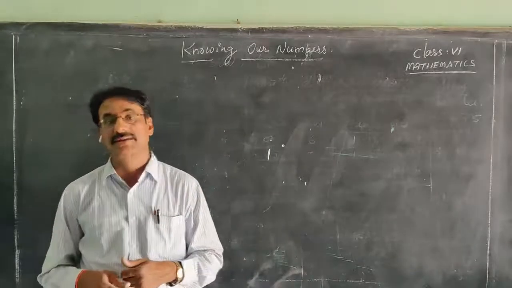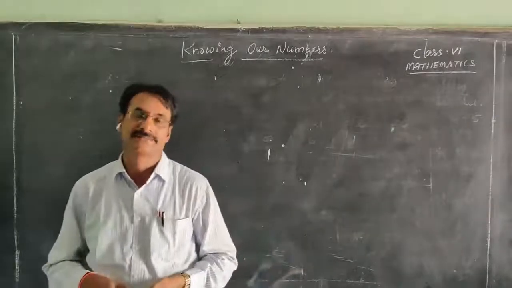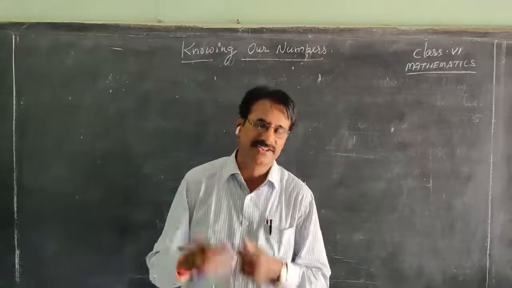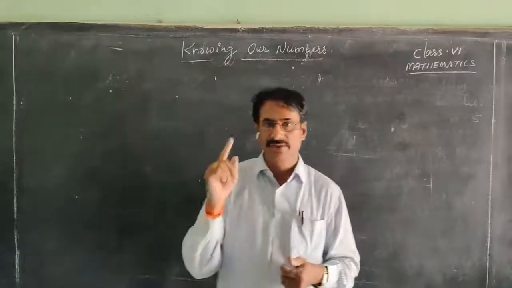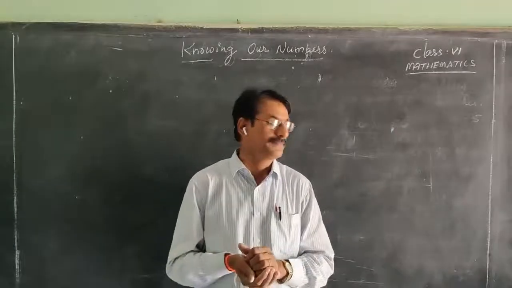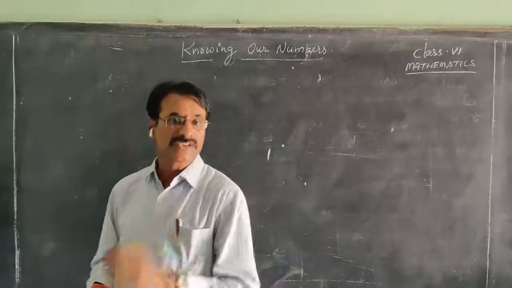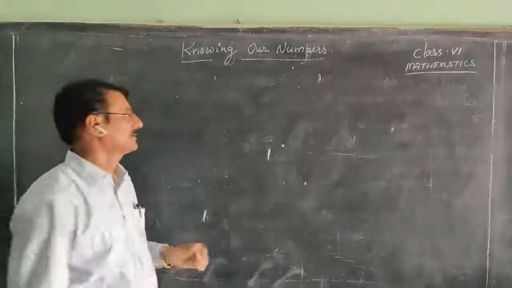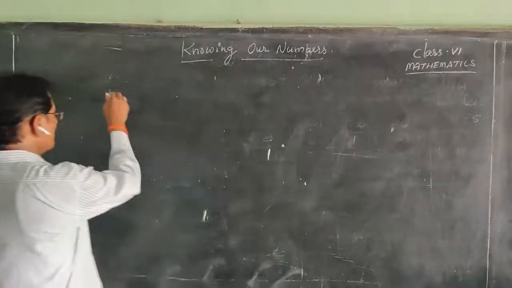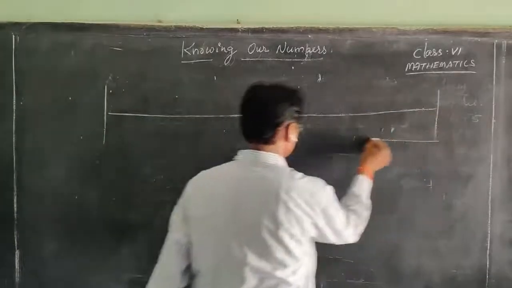After 10,000, they use 100,000. That is the difference. In our Indian system we use 1 lakh, but in the international system they use 100,000. So observe this comparison table of both systems.